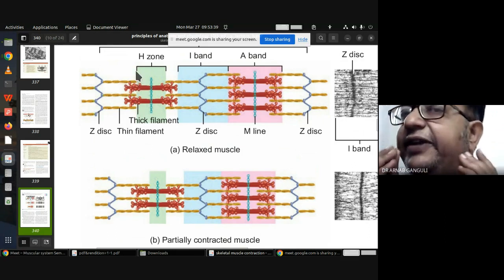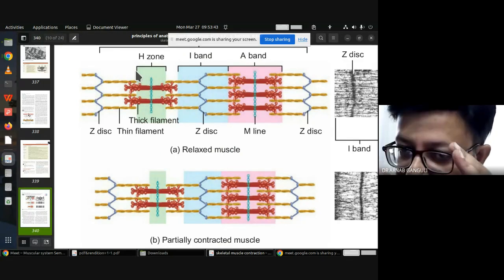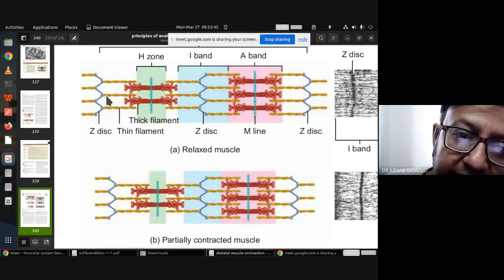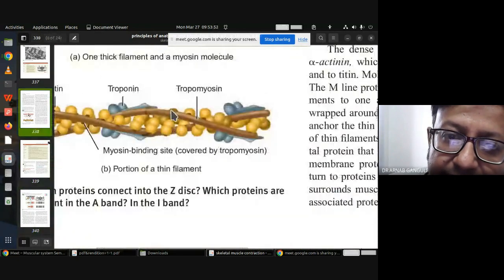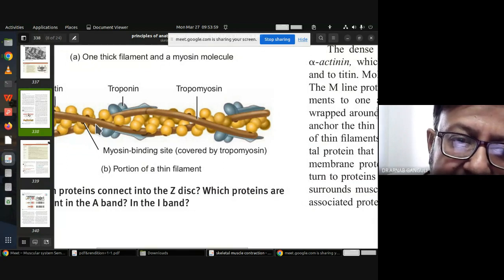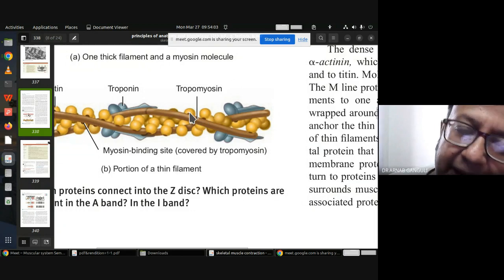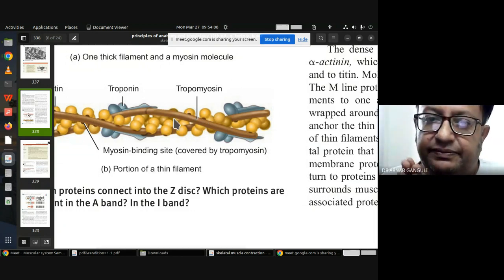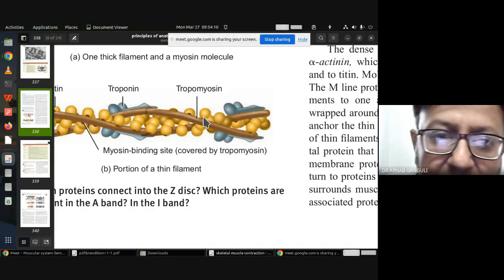On the actin filament, you had seen there are myosin head binding sites. So the myosin head binds to the myosin head binding sites, like in this picture. It is covered normally by the tropomyosin molecule. When contraction happens, these sites are exposed and myosin gets bound to them.